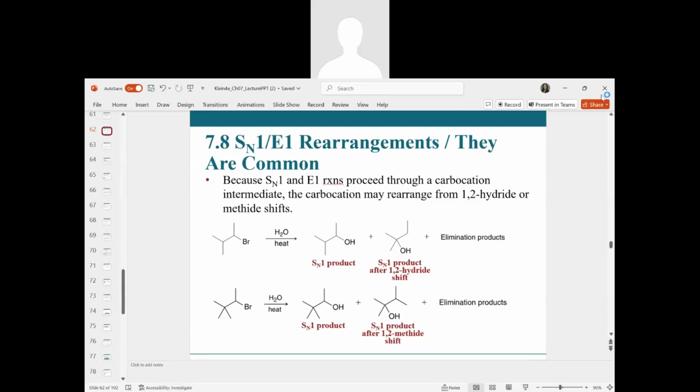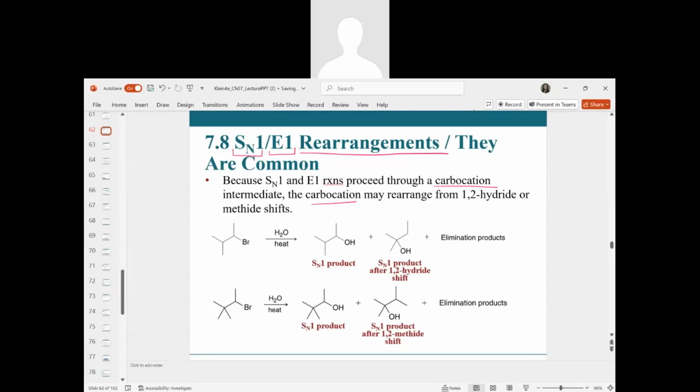This video is going to be a continuation of section 7.8, and we'll begin here with a review of rearrangements. Whenever we have a carbocation that is generated, such as with SN1 and E1 mechanisms, a carbocation, if possible, may rearrange through a 1,2 hydride or a 1,2 methide shift.